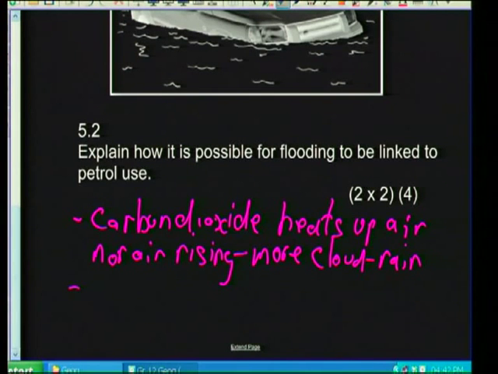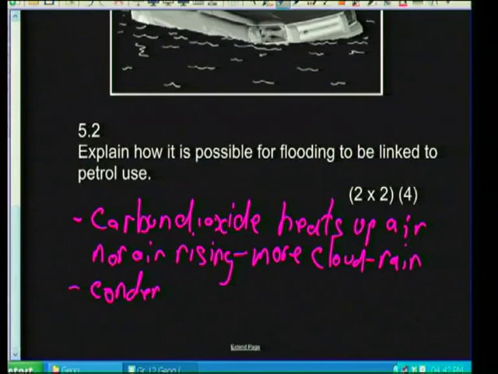Another one easily would be, if you look at all these polluted particles of carbon dioxide in the air, it creates more condensation nuclei.